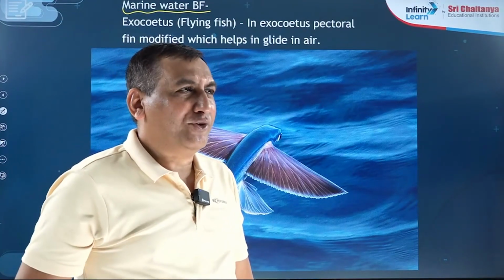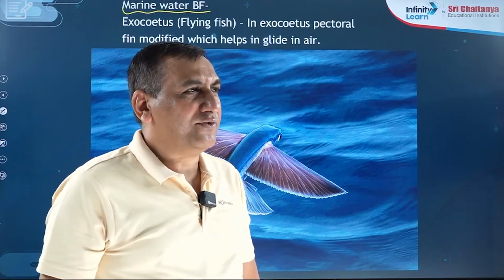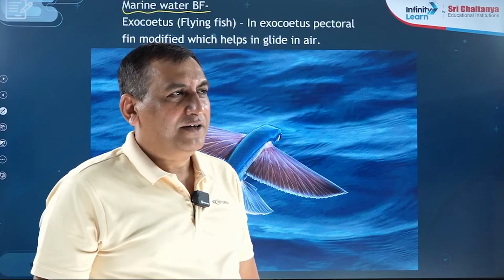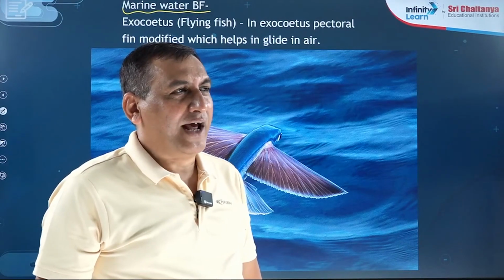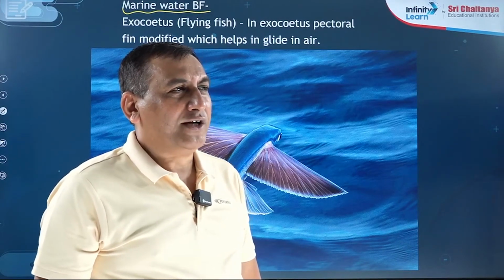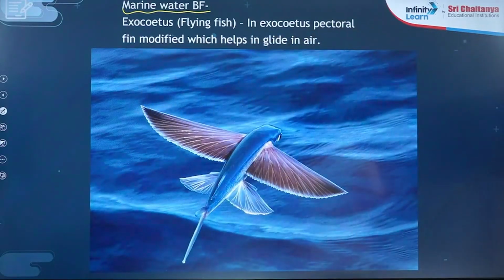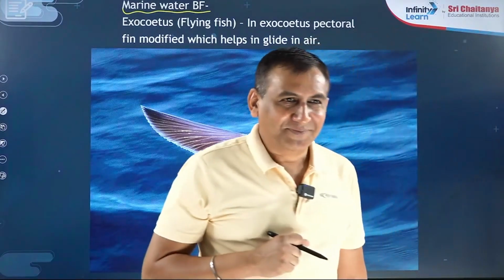What is your opinion? Can any fish fly? It is known as the flying fish, but if it is not able to fly, then why is it known as the flying fish?